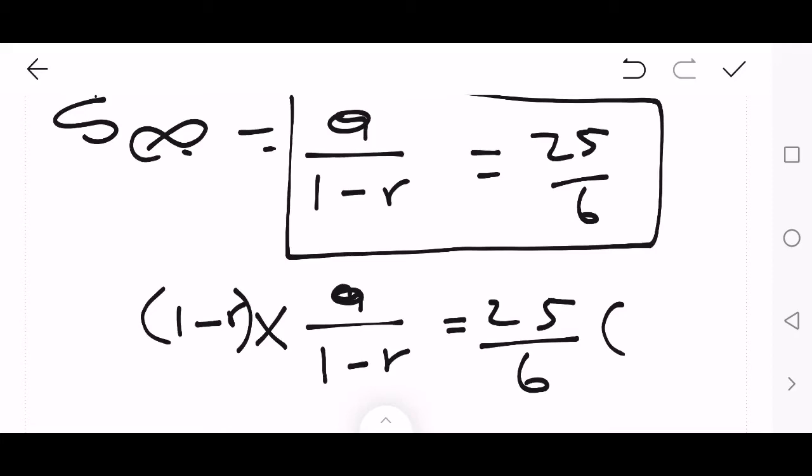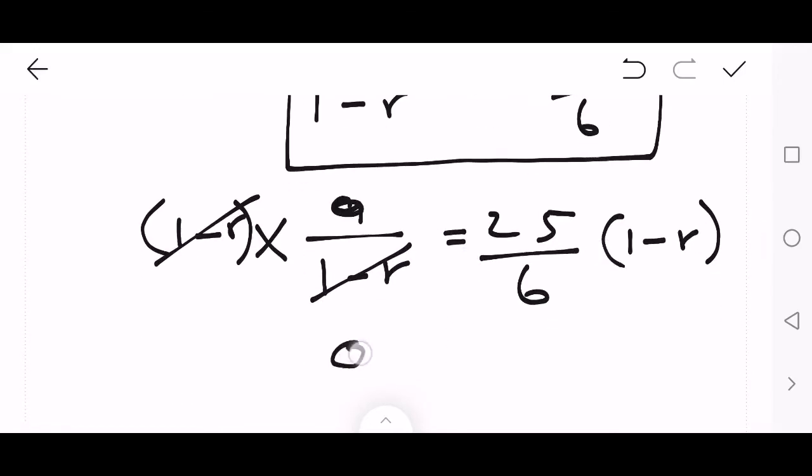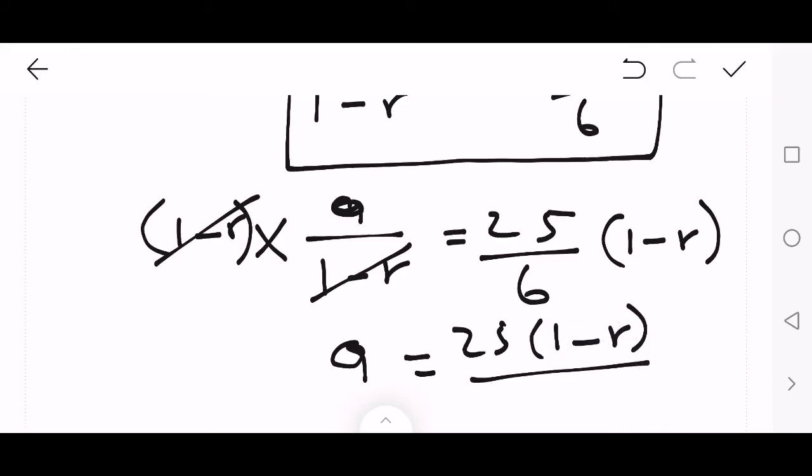And what you do on one side, you do on the other side. 1 minus r. So this will cancel that, and we'll be left with a equals 25 into 1 minus r over 6.